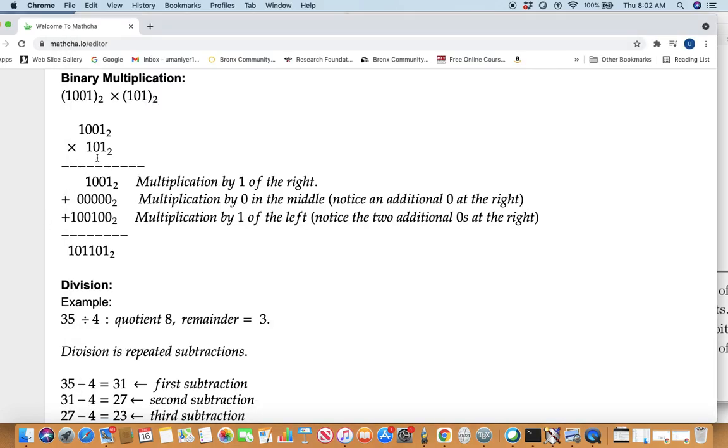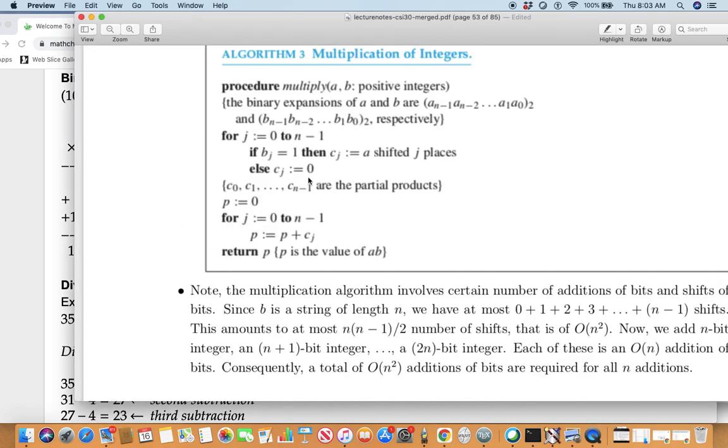Whenever you have 1, you have the same number written down, but there is a shift. If there are two spots here, those many places you shift.